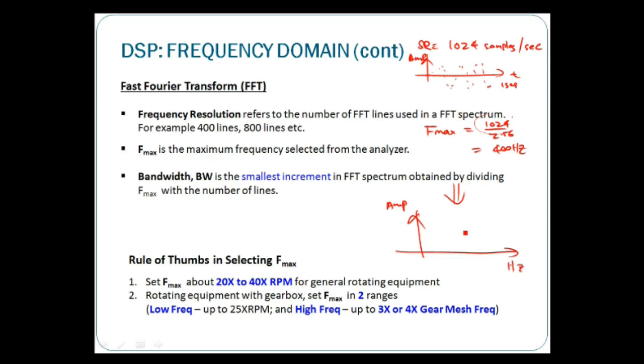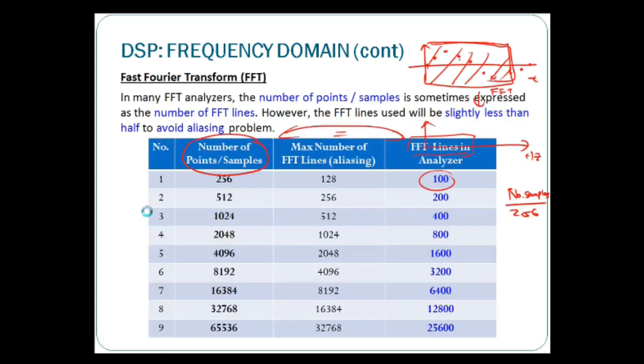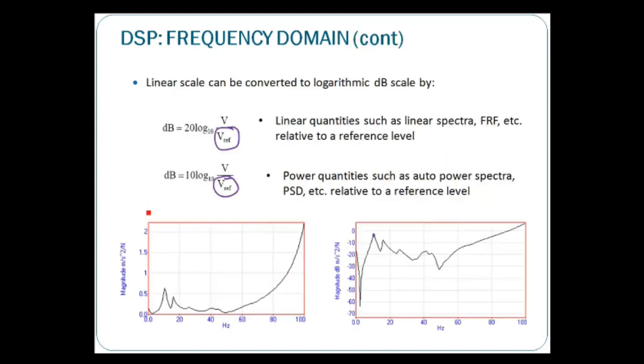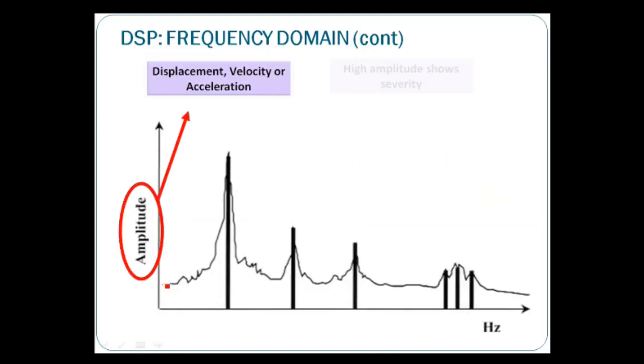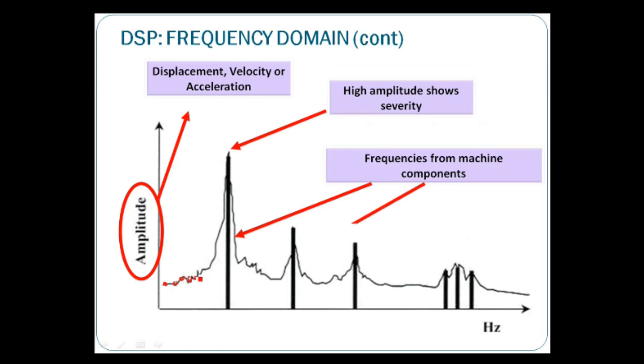Let's say this is 1024, so half is 512, but the useful range is only up to 400. And what you have seen earlier in the frequency domain is also digital signals. This is also samples. This is built by samples.